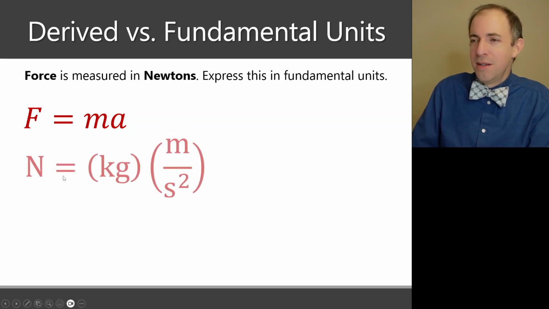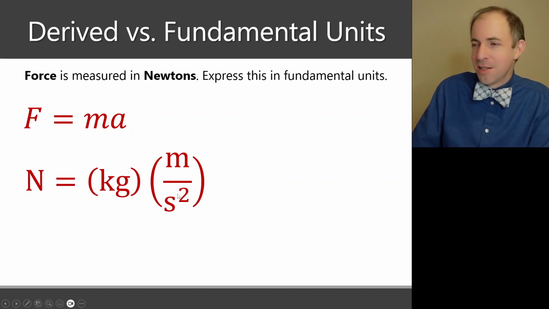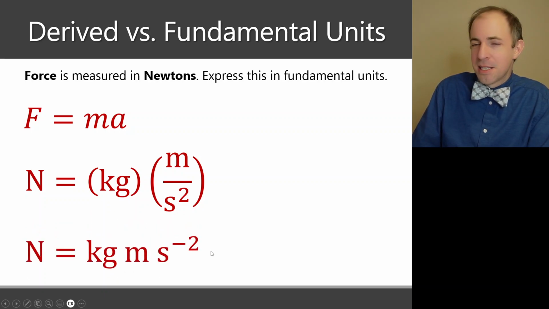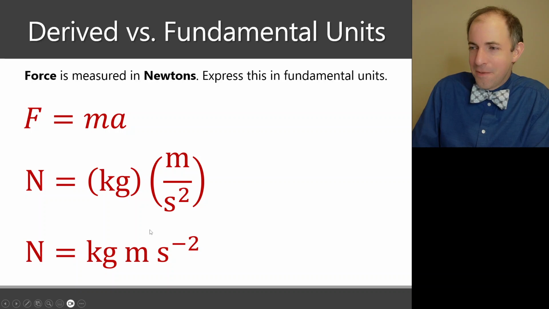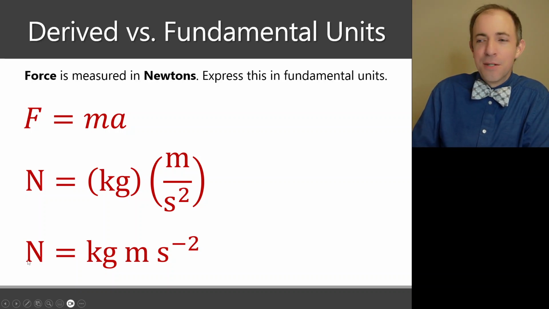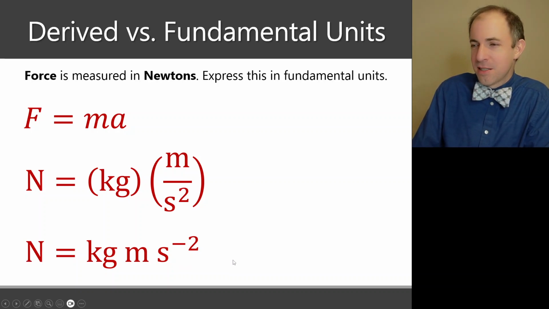So let's use this one. That means that newtons is kilograms, my unit of mass, times my unit of acceleration, meters per second squared. Or we can write it like this, kg m s to the minus 2. This is the equivalent in fundamental units for newtons. Newtons under the hood have kilograms times meters per second squared.